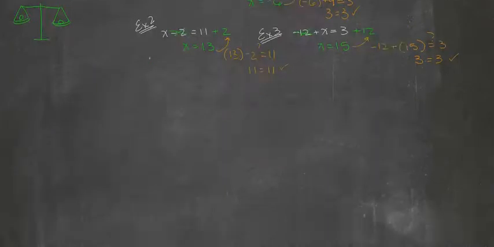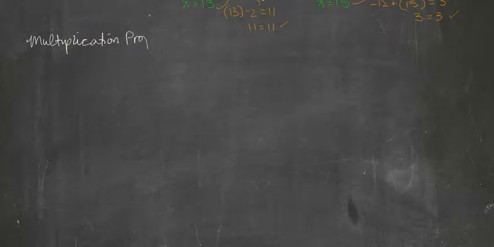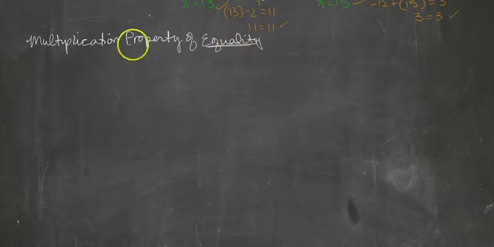Okay, let's get on to the multiplication. And by the way, the multiplication property of equality includes the division property of equality. All right. I think it takes longer to write that sentence out than it takes to actually solve 3 problems.